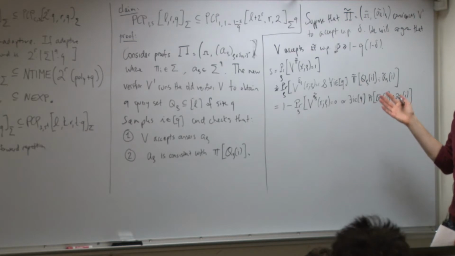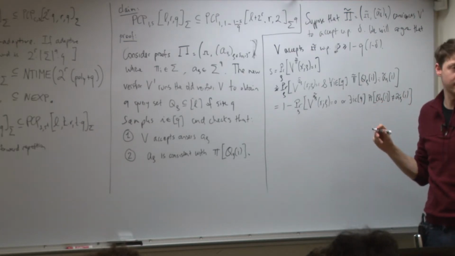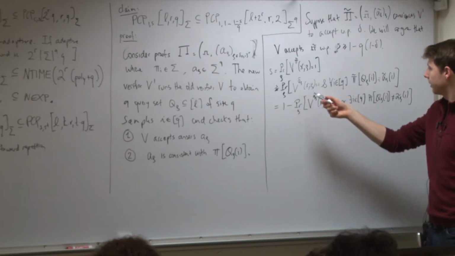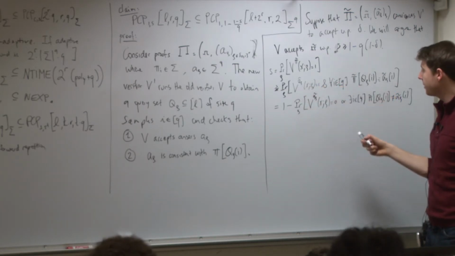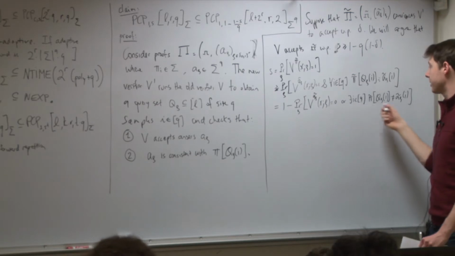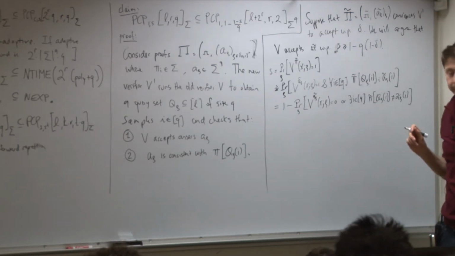I'm just taking the complement event. The event we were looking at says accept and everything is fine. The other event says either this guy is not happy or something went wrong.